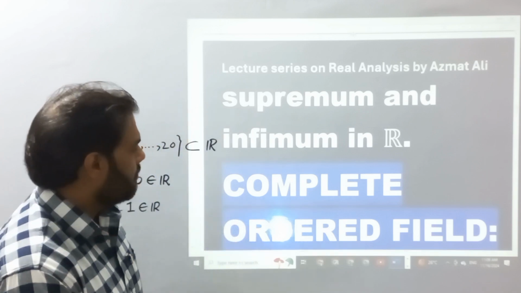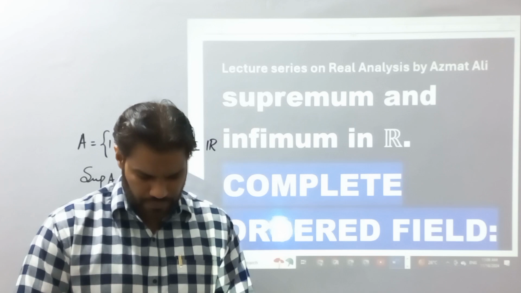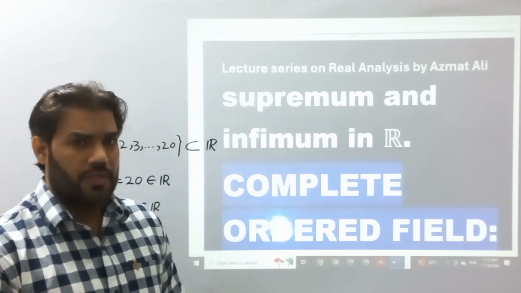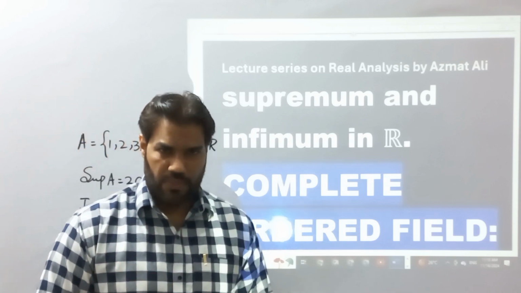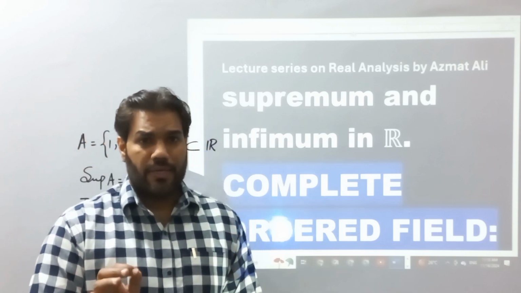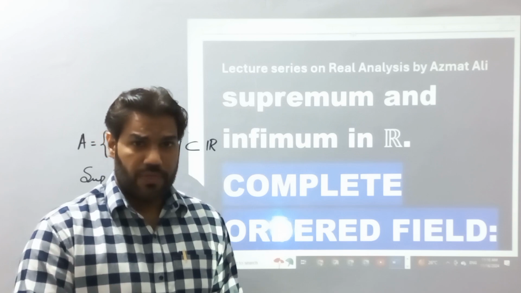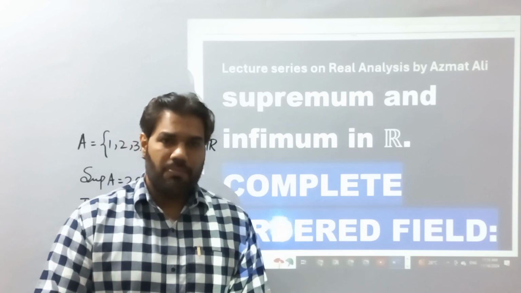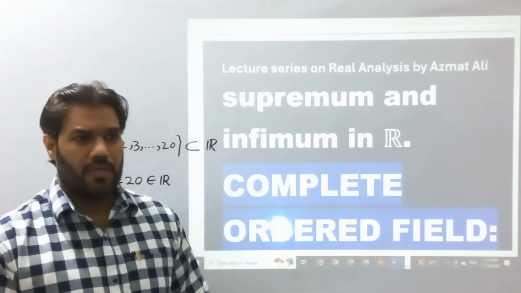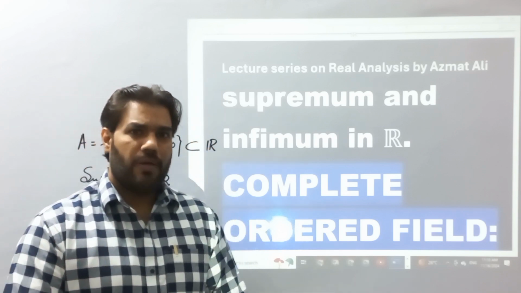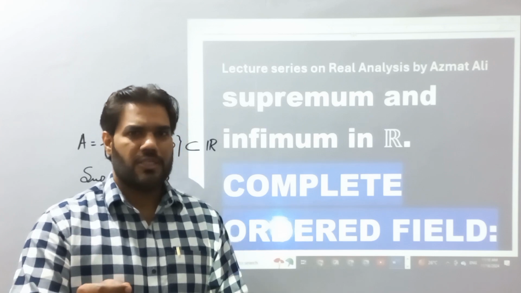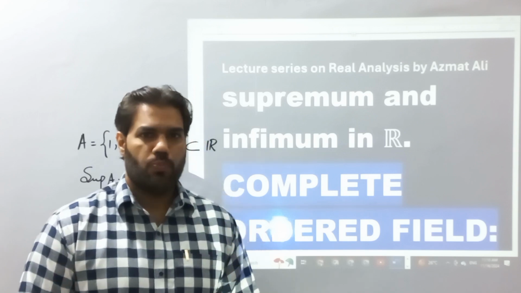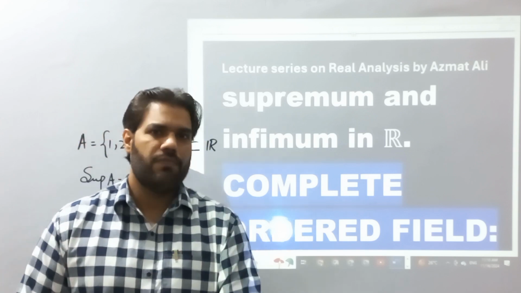Next we move to the complete ordered field. An ordered field is called a complete ordered field if it satisfies the completeness property. This is the simple definition. In the completeness property, it is sufficient to state that an ordered field is called a complete ordered field if it satisfies only the supremum property, because if a field satisfies the supremum property, then it must satisfy the infimum property.